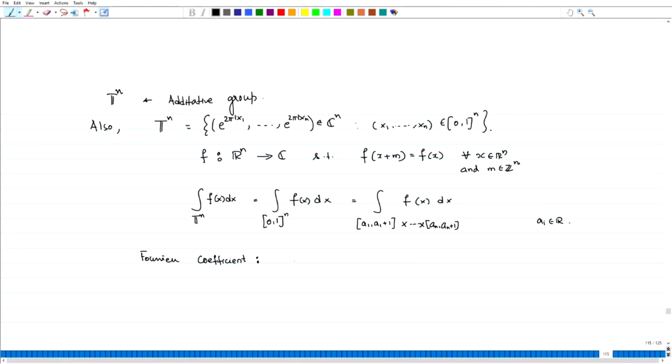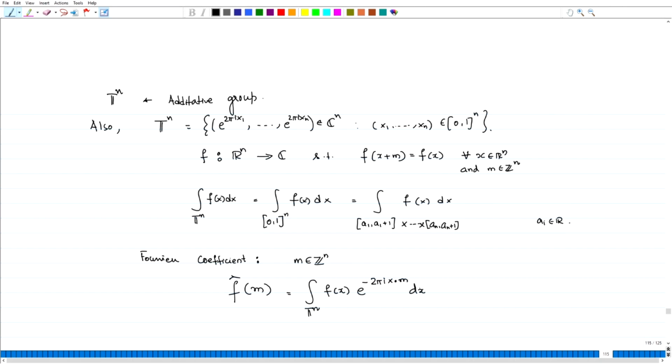So, for m belonging to Z n, we define f hat of m equal to the integral over T n of f of x e to the power minus 2 pi i x dot m dx.